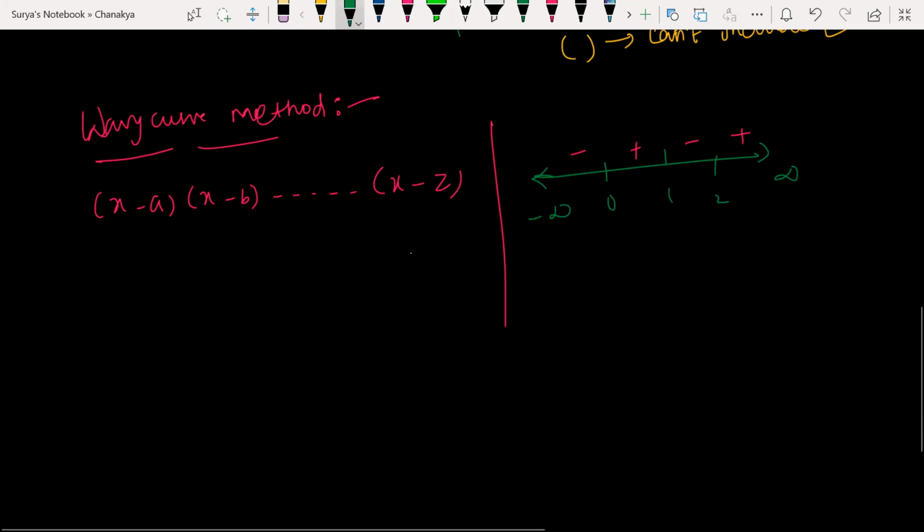See here, whenever you have x to the power of n, if it is positive, then start from the right side. The power of x should be positive.